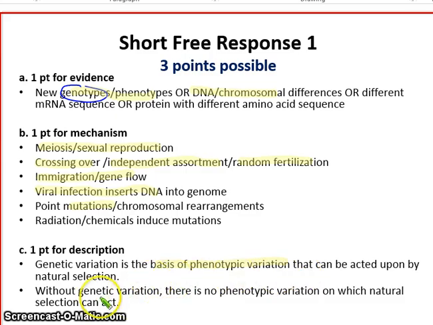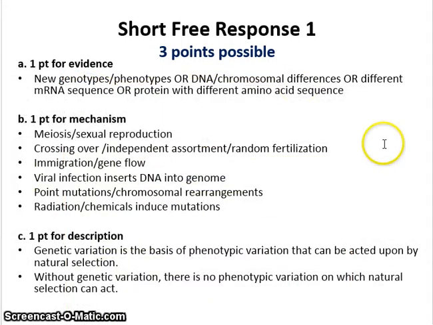And remember, we talked about this earlier, natural selection can act on the phenotypes. It does not affect the genotypes, but again, natural selection can act on the phenotypes. So it's good to see that again. Then they're saying here, without genetic variation, there would be no phenotypic differences, which natural selection could not act on. So that's what they're looking for, but it's always good to go back and review just a couple things.